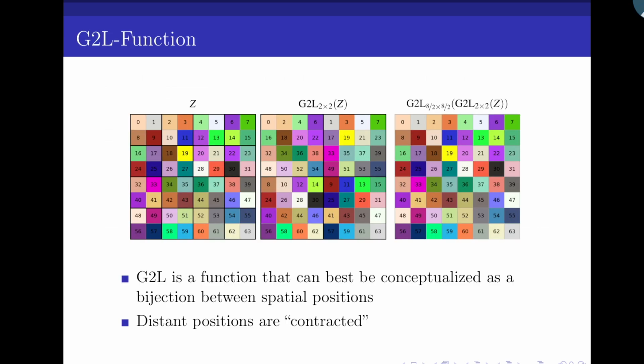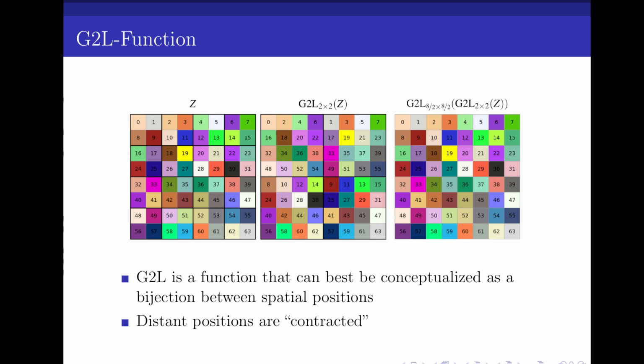We use the G2L function that we have defined like this. Assume you have an input matrix C, which is color coded to help understanding, and then the G2L function is using window sizes. We use 2 by 2 here. So we partition the input matrix C into 2 by 2 windows or patches.